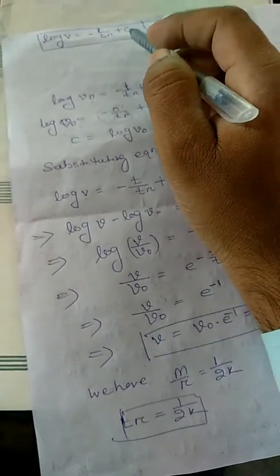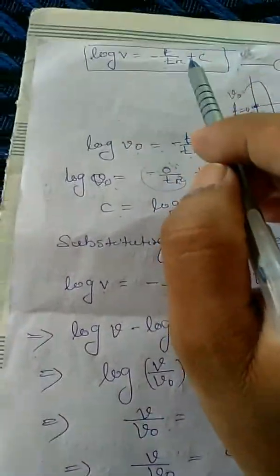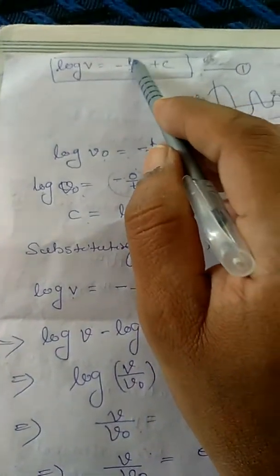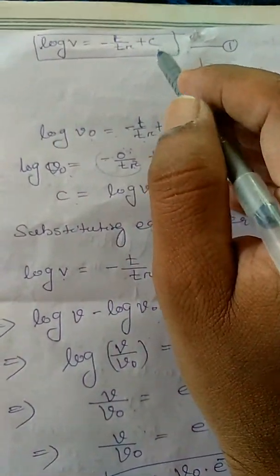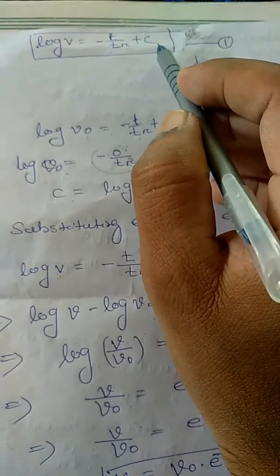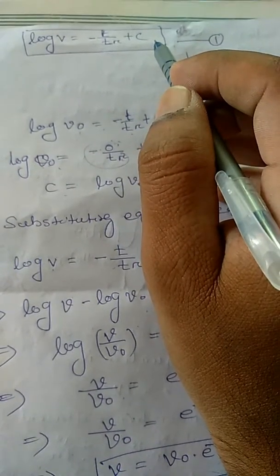But now the question is what? This constant value we must find out. So log V is equal to minus t by TR plus c. Only when the value of constant c is found will we be able to find the relation between initial velocity and final velocity.